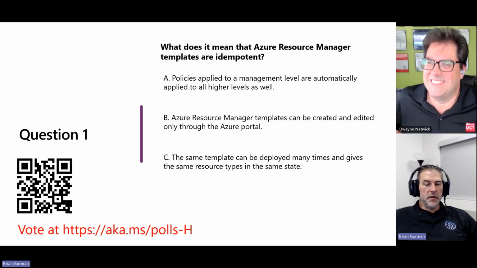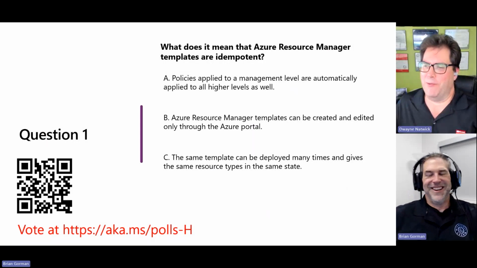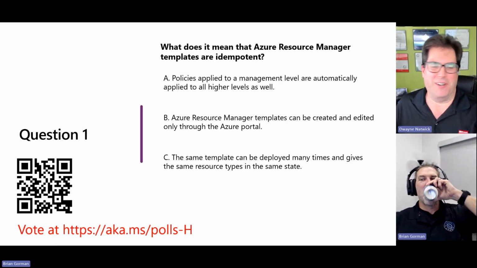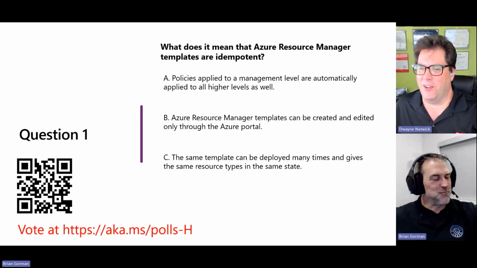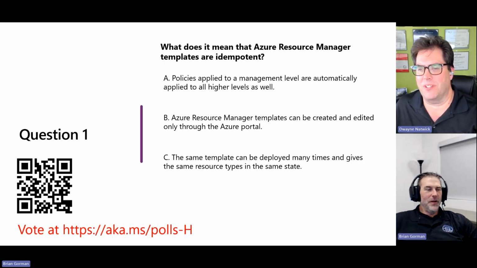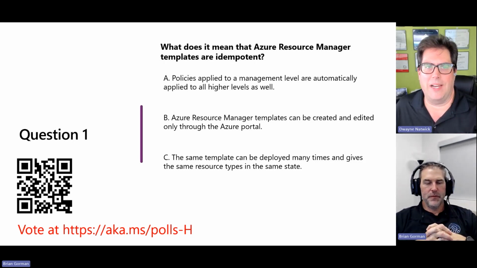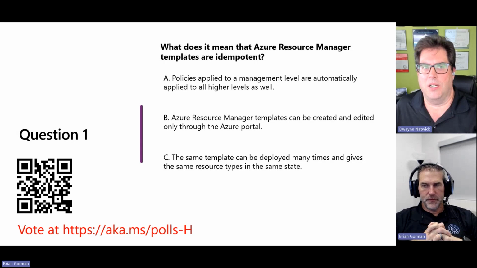So it is time to do our knowledge check. Let's see how well everybody was listening to us throughout here, Brian. So you can go to aka.ms/polls-h, or you can use the QR code to ask your questions. So if you want to do that now, we'll give you a few seconds.